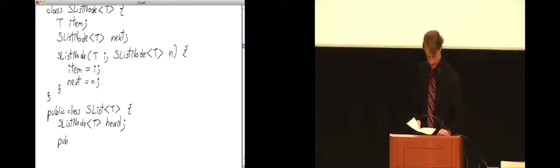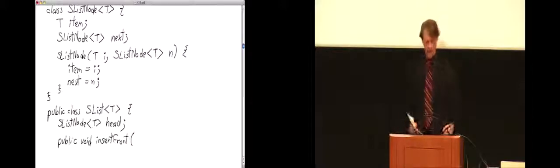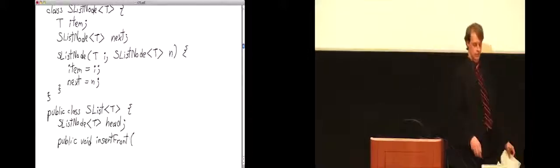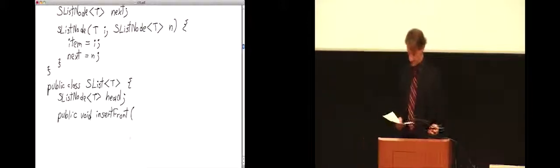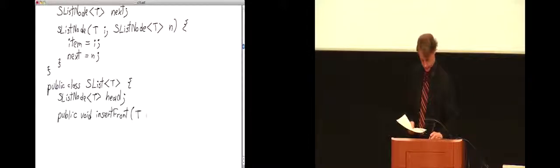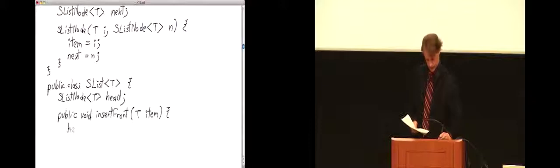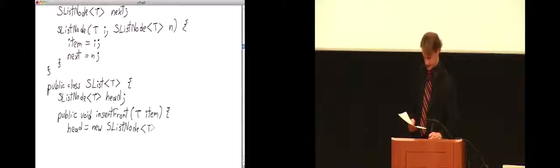And I'm going to need methods like an insert front method. And my insert front method takes an item that I want to insert into the list. And what does the type of that item have to be? It has to be type T. And so insert front will work just by constructing a new S-list node T that goes at the beginning of the list.